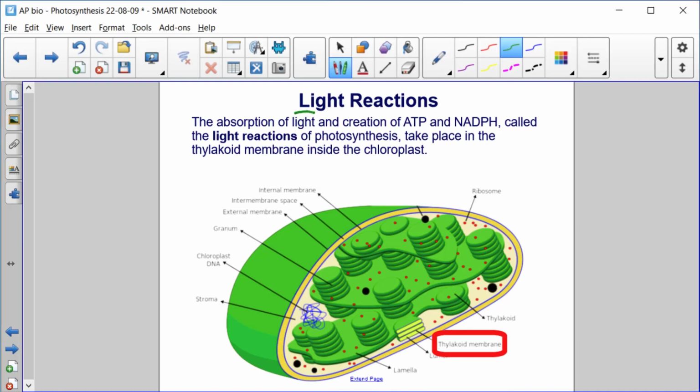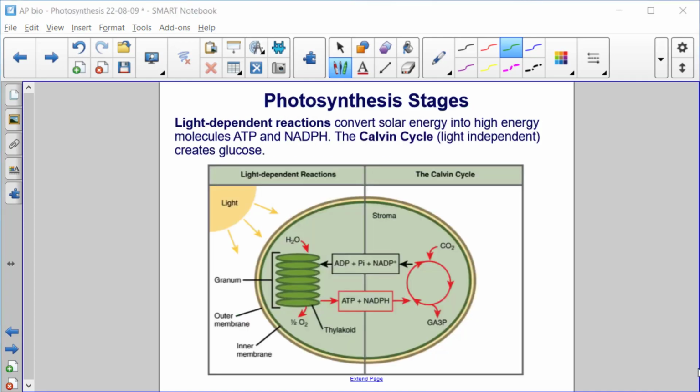Light-dependent reactions convert solar energy, so energy from the sun, into high-energy molecules, ATP and NADPH. The Calvin cycle, or the dark reactions, are light-independent, and that is where we're creating glucose.